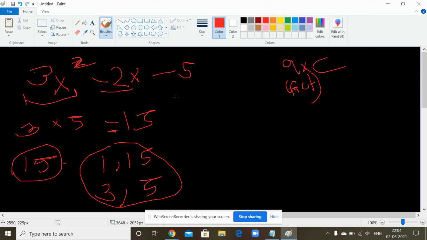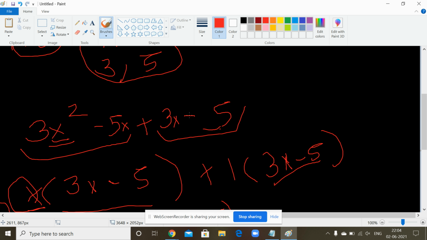So 3 minus 3 will become 0, and minus 2, and we add x in front of that. The fourth step is we write the minus 2x in expanded form, that is minus 5x plus 3x, or plus 3x minus 5x. Anything is okay, the answer will come the same.